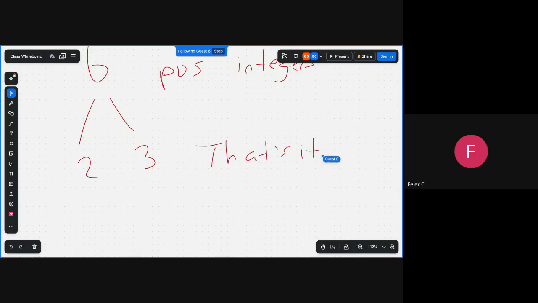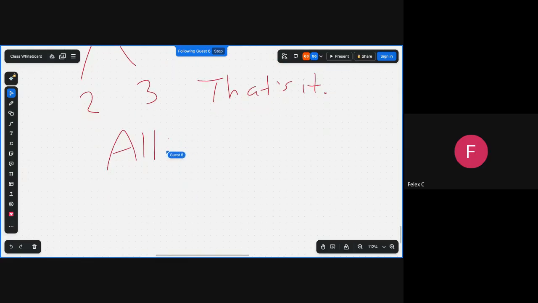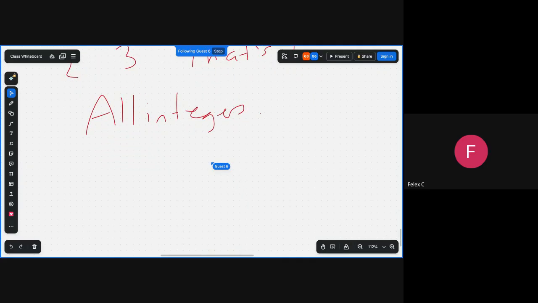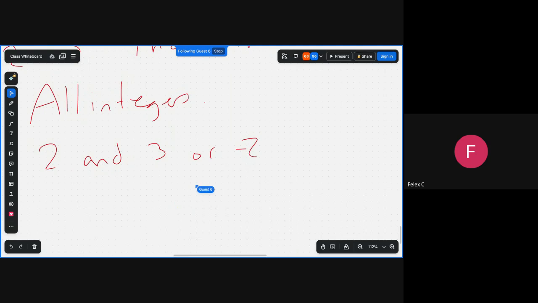That is the prime factorization of the number 6. Now, if you look at all integers, then something interesting happens. Now the prime factorization could be 2 and 3, or -2 and -3.